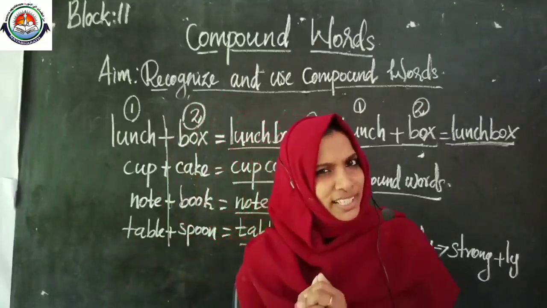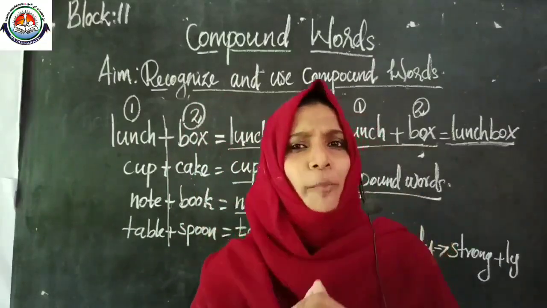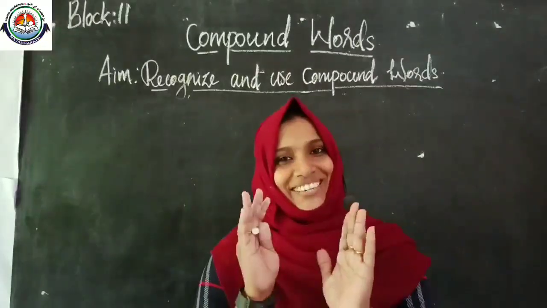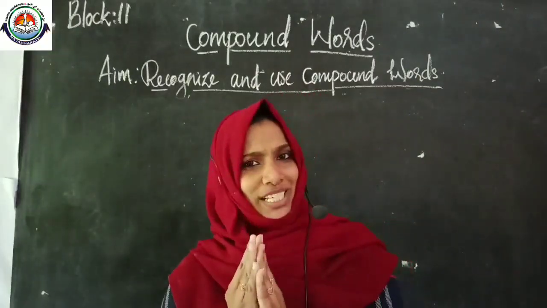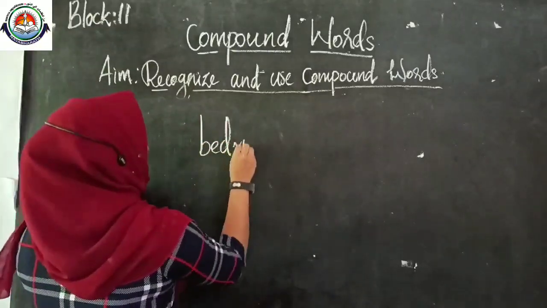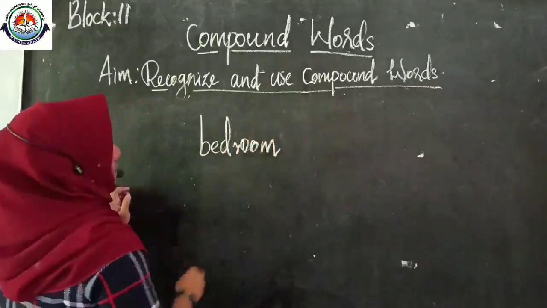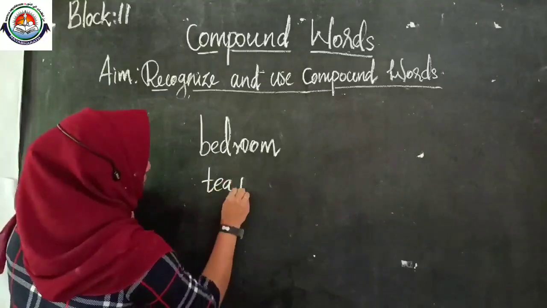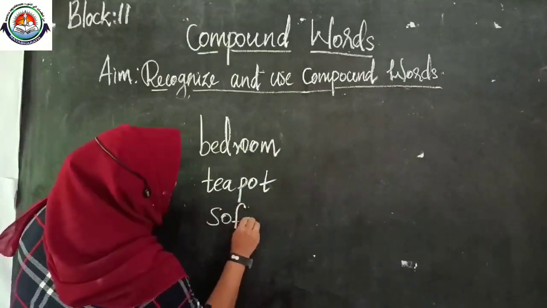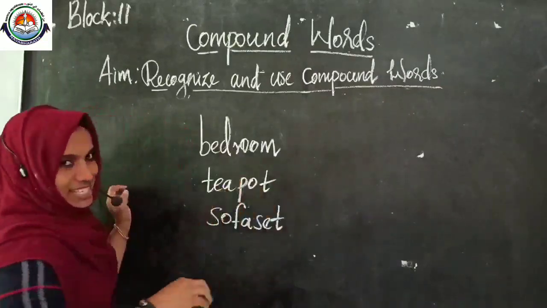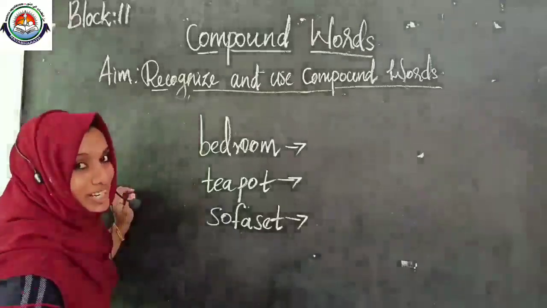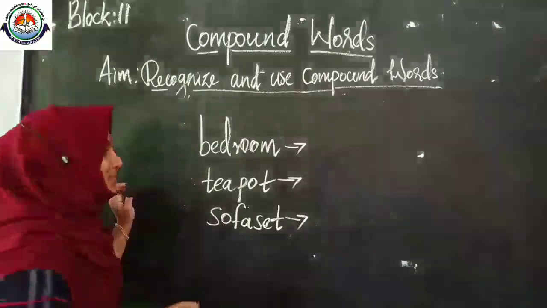Then my dear children, can you think of some more compound words like these? Right. We can make many more words like bedroom and teapot. Then one more, it is sofa set. Here we can divide these words into two parts. Let's do that.